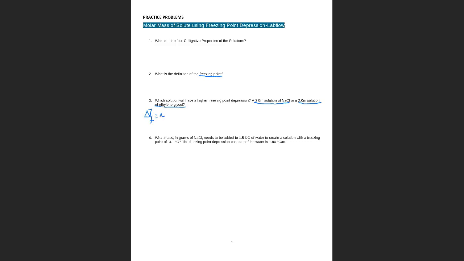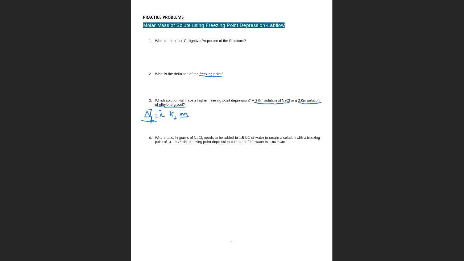So the formula of delta T is the Van't Hoff factor times the constant times the molality. And we know that the delta T is going to be higher if the molality is higher or the constant is higher or the Van't Hoff factor is higher.